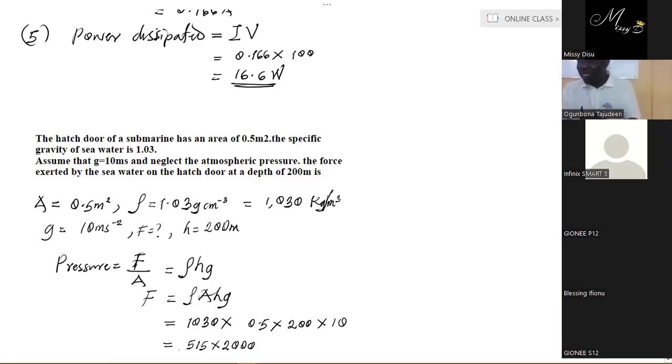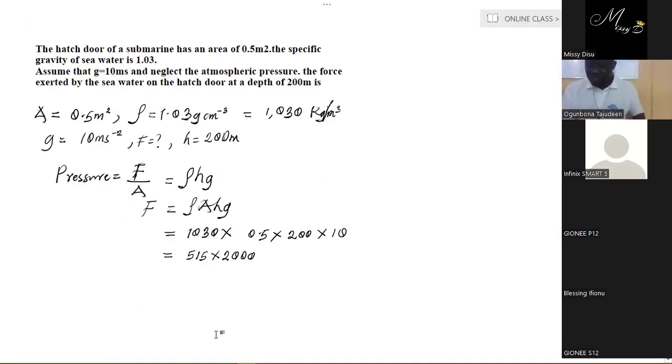Multiplying again, that is 100 times this, so that's 1,000. So in essence, what we'll be having is 1,030,000 Newton, which is the same thing as 1.03 times 10 raised to power 6 Newton.